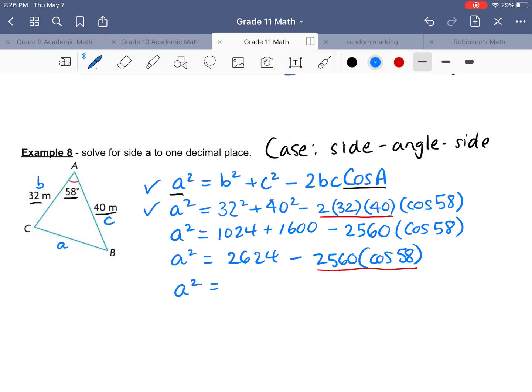So for a squared, you should get approximately 1,267.406 and so on. So I'm not rounding. I'm still keeping this number in my calculator. And we need to get a by itself though. So that means that we have to take the square root of our 1,267 and so on to get a by itself.